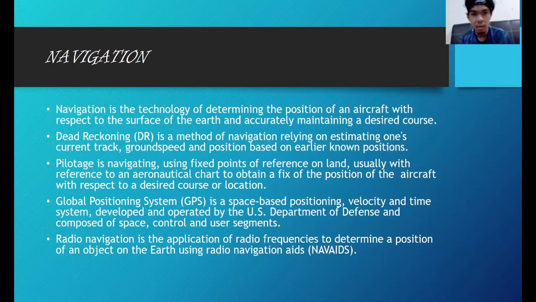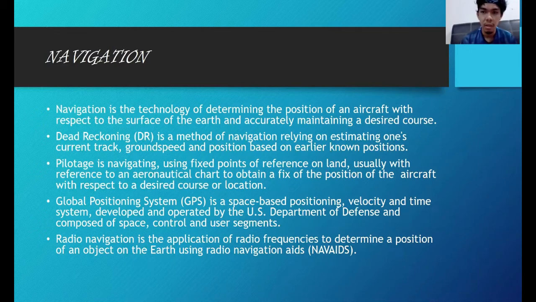The first method is dead reckoning. Dead reckoning is the method of navigation relying on estimating the aircraft's current track, ground speed, and position based on earlier known positions.